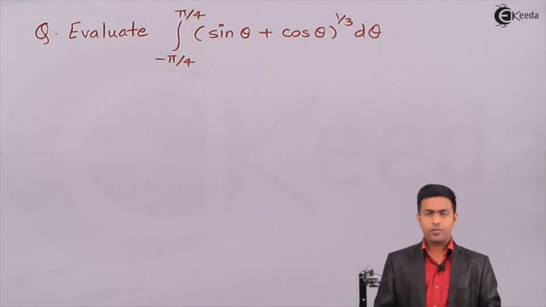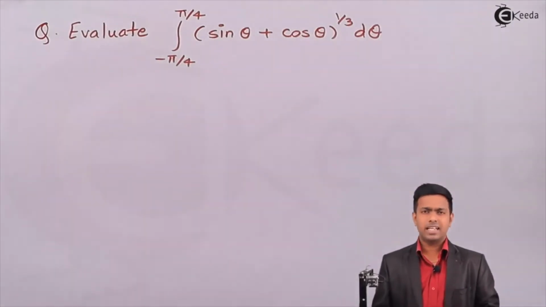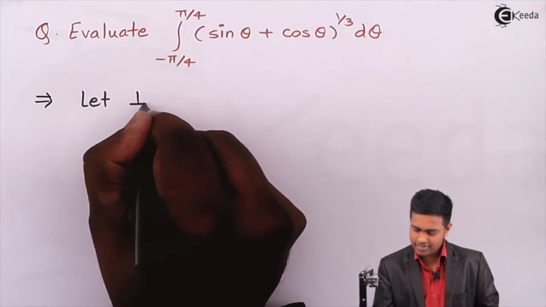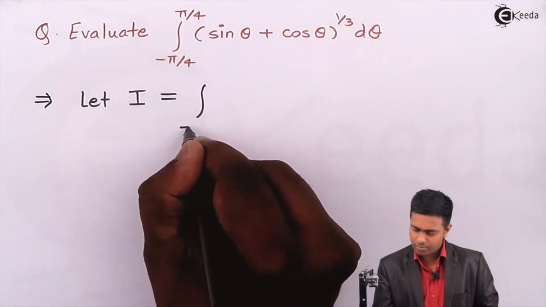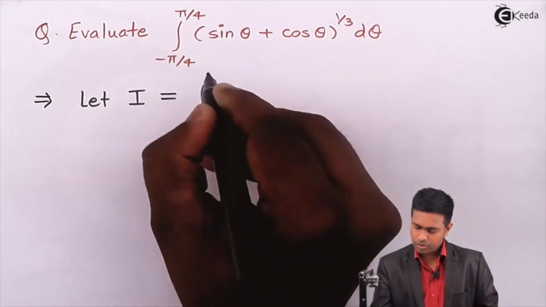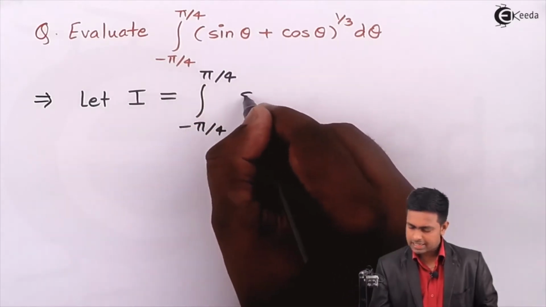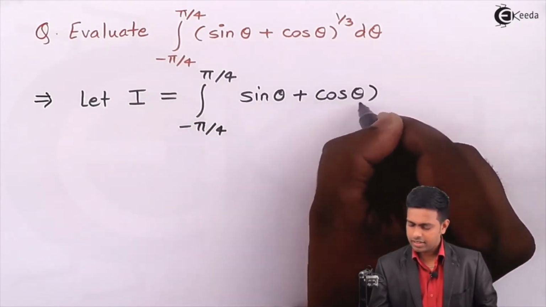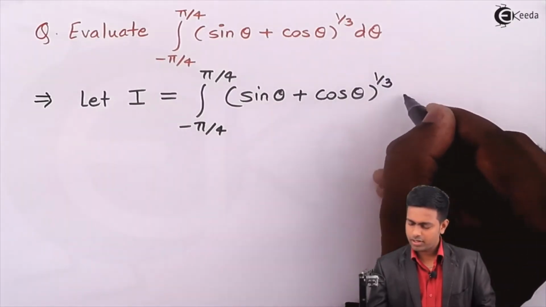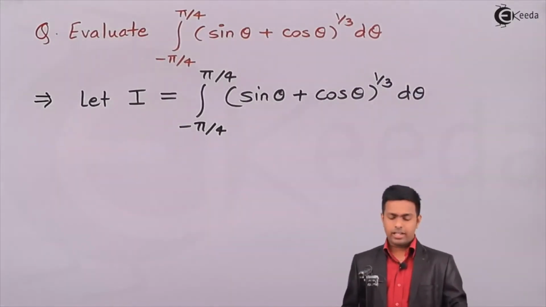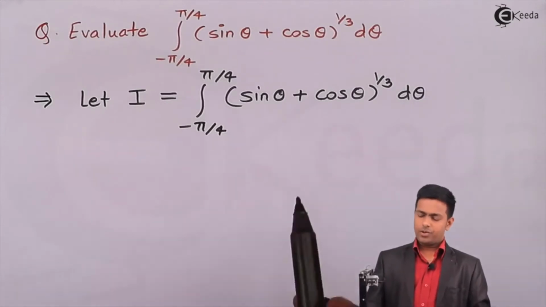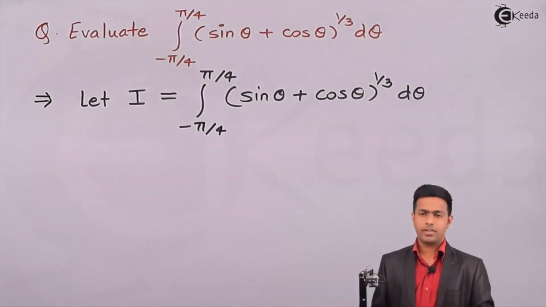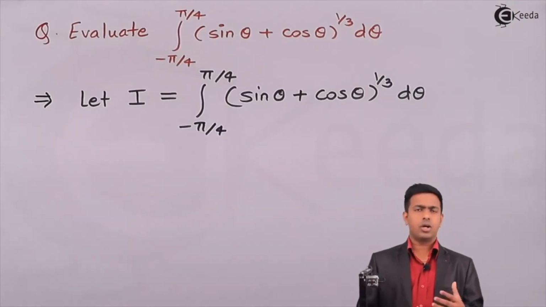First of all, I'll consider this given integral as I. So let I be equal to integration from minus pi by 4 to pi by 4 of (sine theta plus cos theta) raised to 1 upon 3. While doing the adjustment, we do not have any formula for sine theta plus cos theta raised to 1 by 3, so we will introduce some terms.